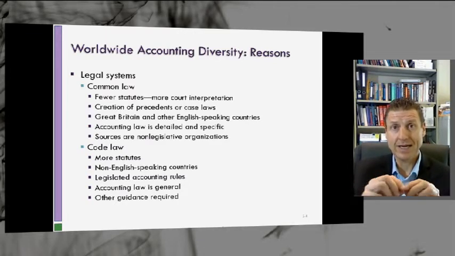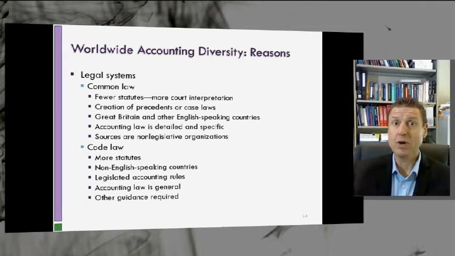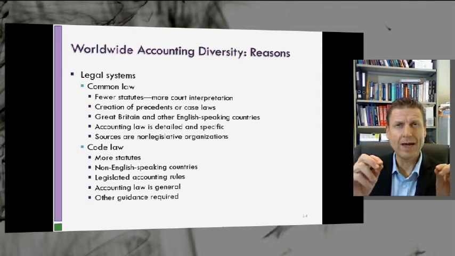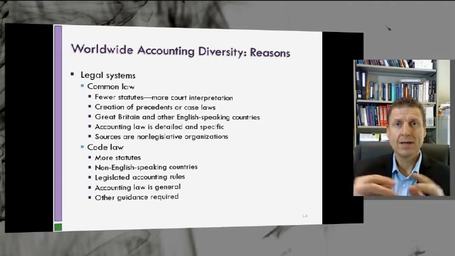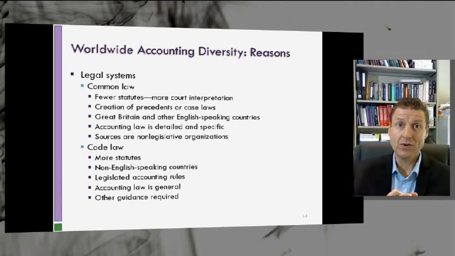In some ways, the accounting rules are governed by the statutes as well. So we call that an accounting law under code law jurisdictions. So the legal systems are different, and due to the legal system, the accounting diversity is going to be different, or the way accounting is practiced is different.